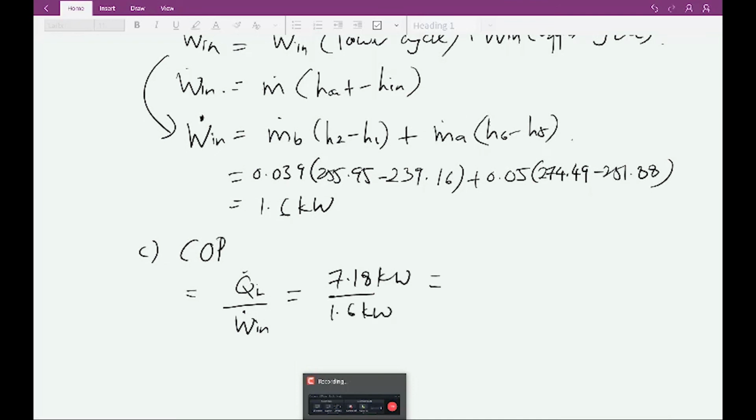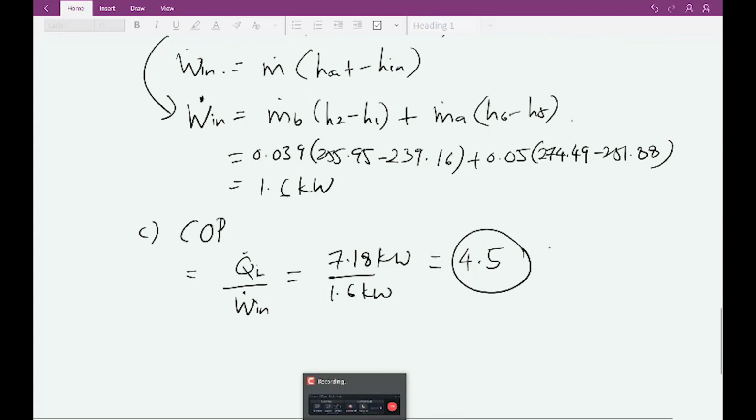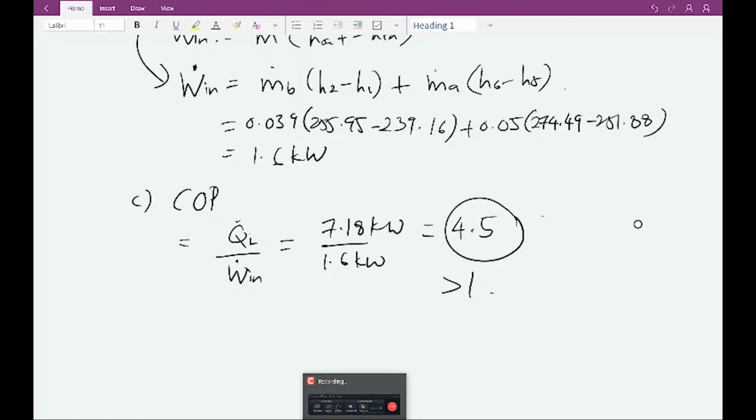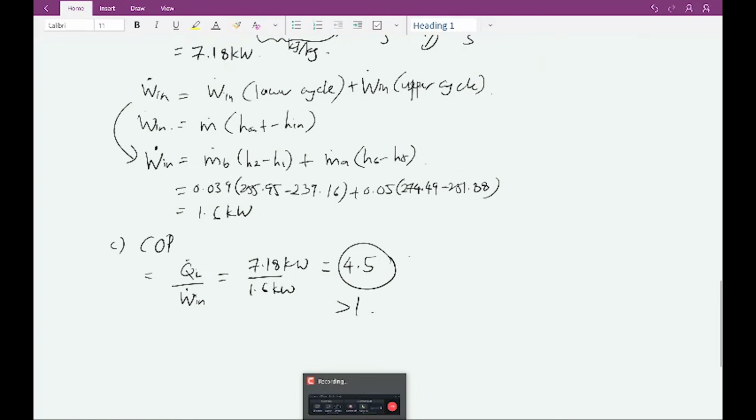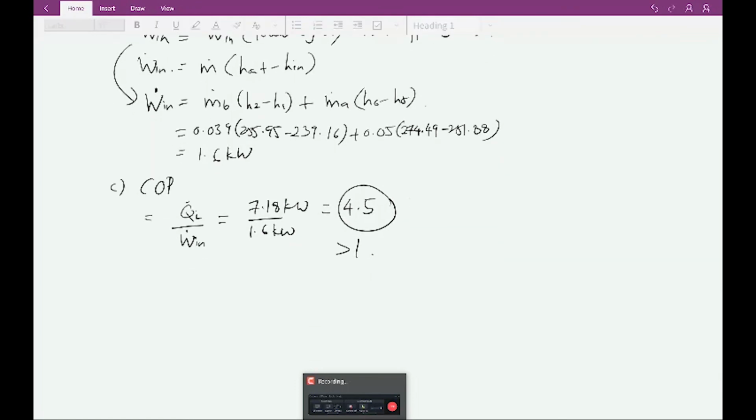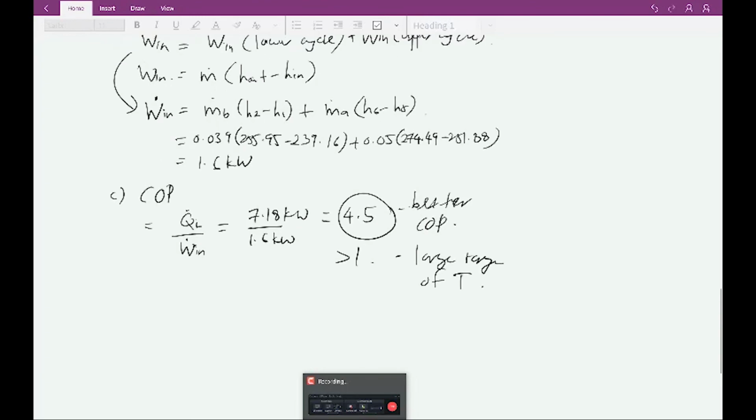So you got the value should be 4.5, or 4.4 of COP. Normally the COP must be greater than 1 for all of the refrigeration cycles, and using this cascade refrigeration cycle, you have better COP. Also it is very suitable for a large range of temperature.